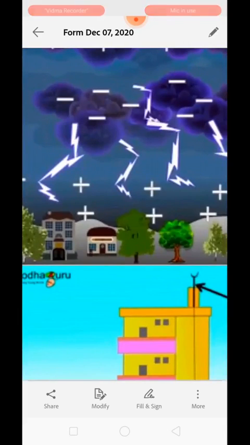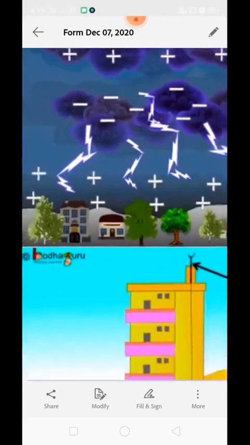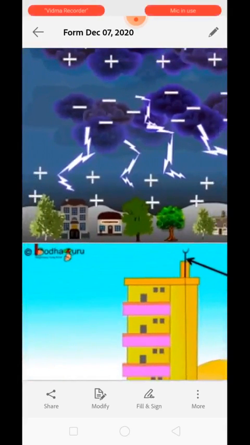What happened over there? A huge amount of heat has been created, and this is the actual reason behind the thunderous sound. As the hot electric discharge passes through the air, the particles of air get heated up.